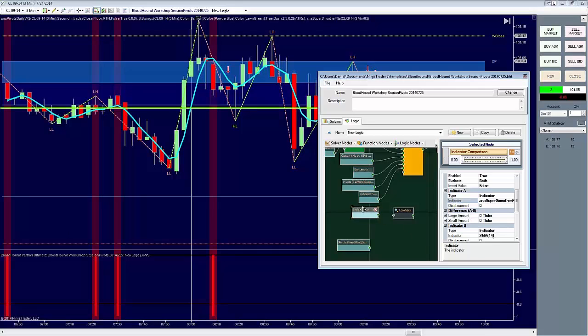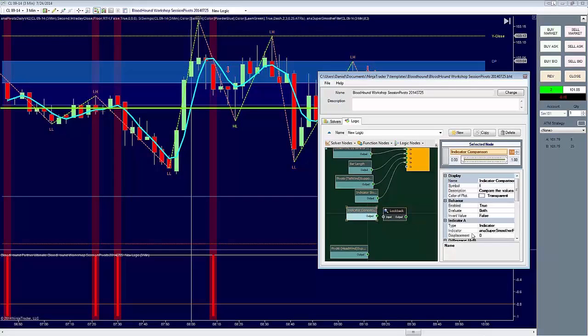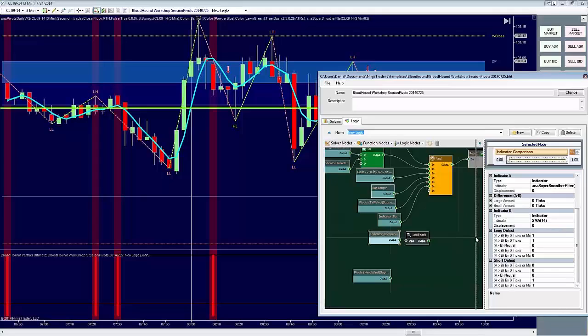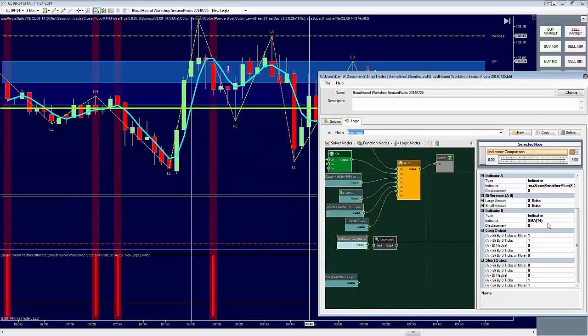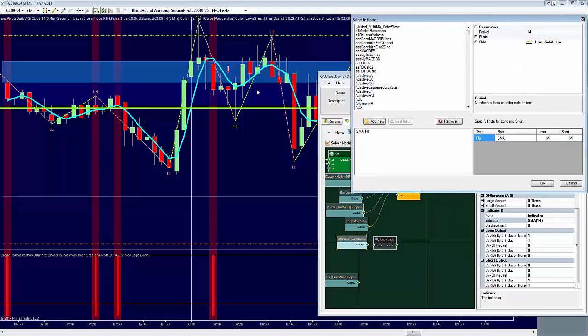Of course, you're not necessarily going to make a great system that way, but you will learn how to use BloodHound more efficiently. You'll learn the process of defining the conditions. You'll learn more about logic and how to get your mind to start thinking the way the computer needs to define these conditions, and you'll just get faster and faster at it. That's really what I did. Try to define as many conditions around a trade setup as you can, and that will really help you.